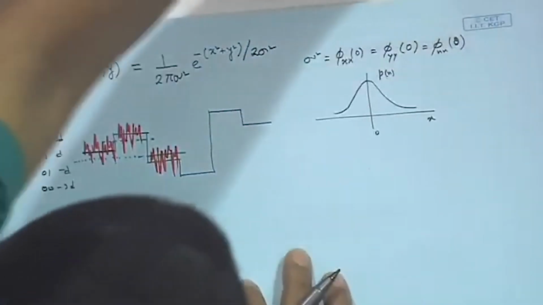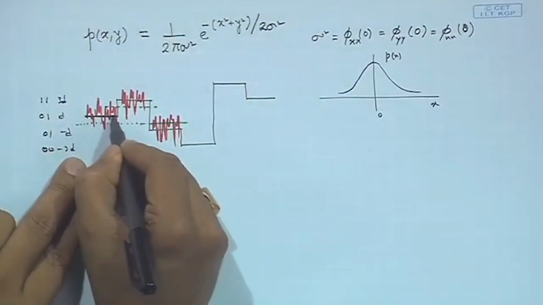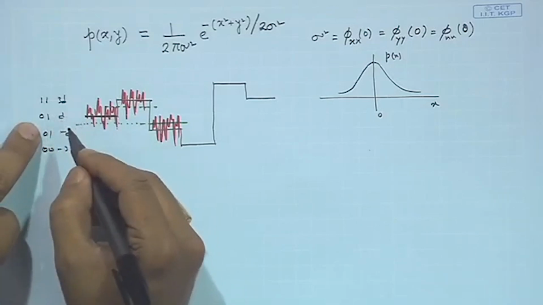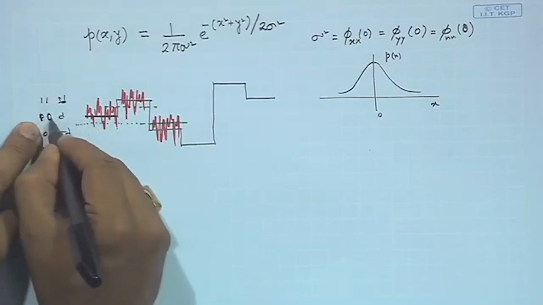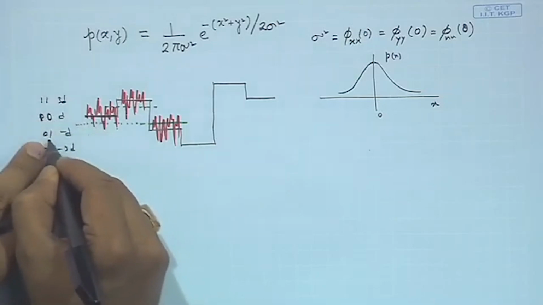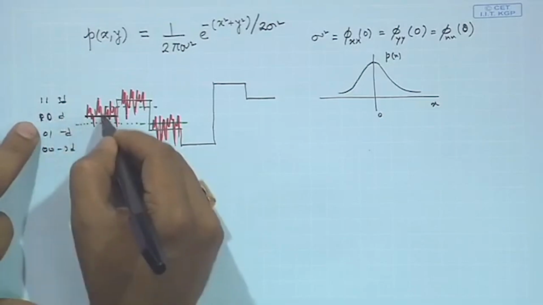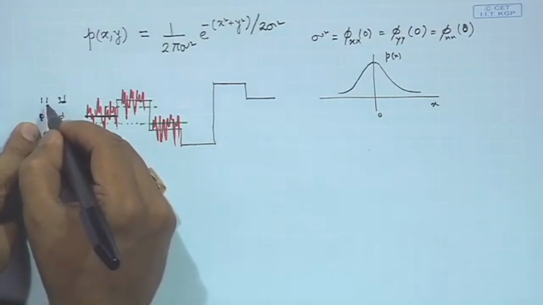So, the implication is that if I make a mistake in detecting D as minus D, instead of detecting 1 0, I would detect 0 1. This would get me into error. Similarly, if I go on the higher side, instead of detecting 1 0, I would detect 1 1.